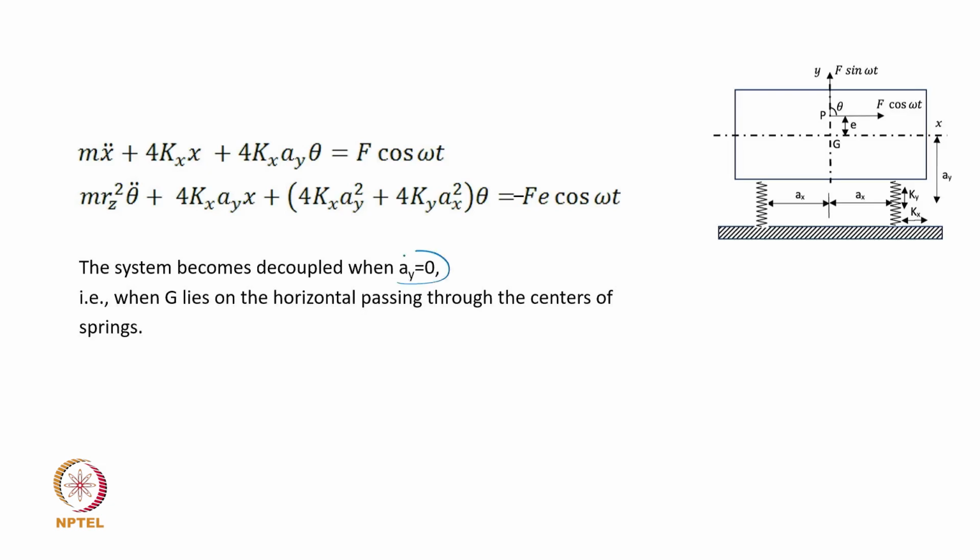We know that when ay, which is this parameter, is 0, x is independent of theta, and when that is equal to 0, this term goes to 0, and then you will have an equation only in theta. That means you have a pure pitch motion.